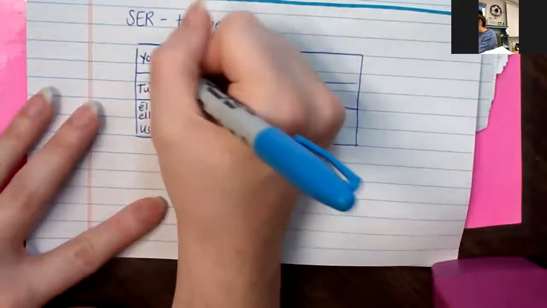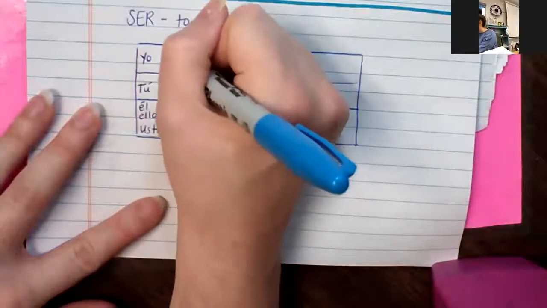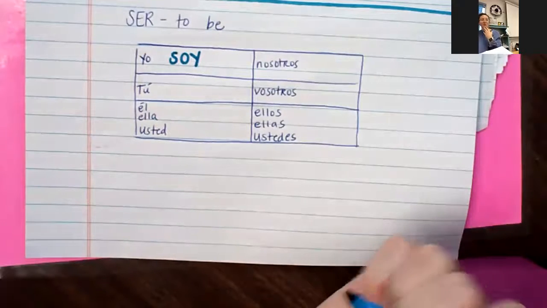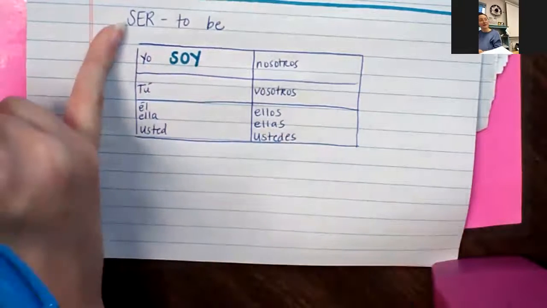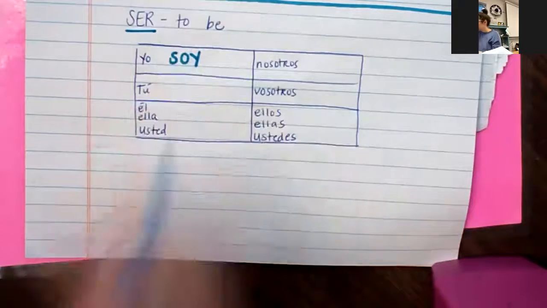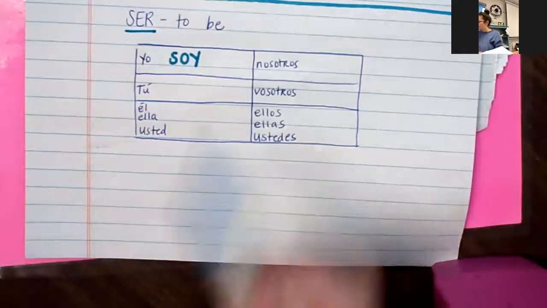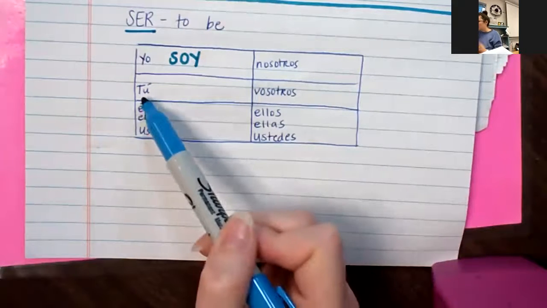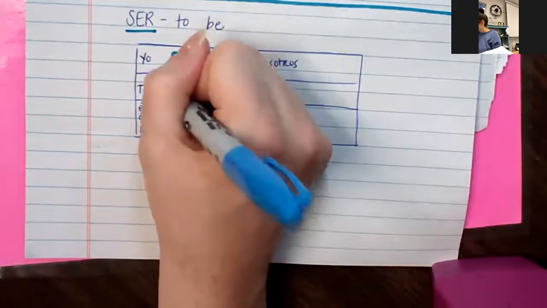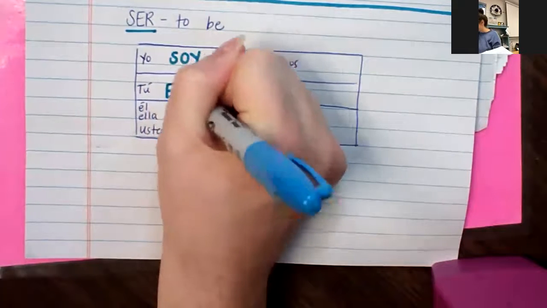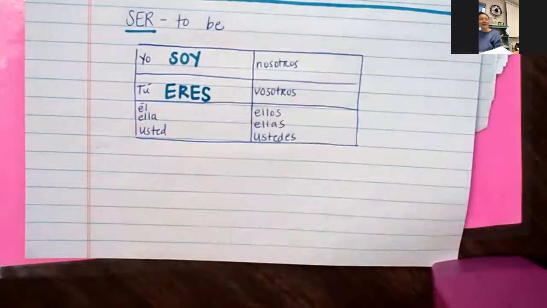So to say I am, you're going to say yo soy. So soy is our form of ser. To say you informal are, I'm going to say tú eres.